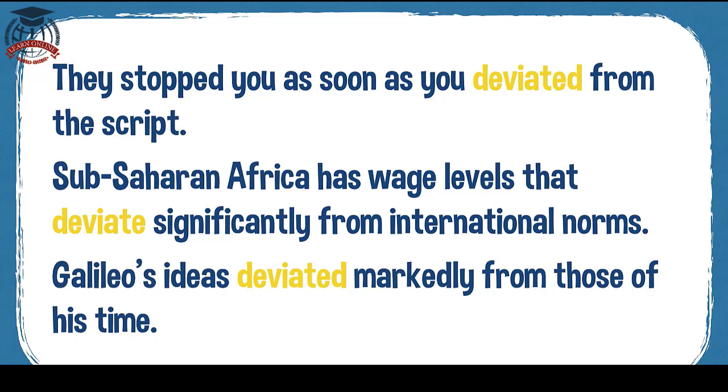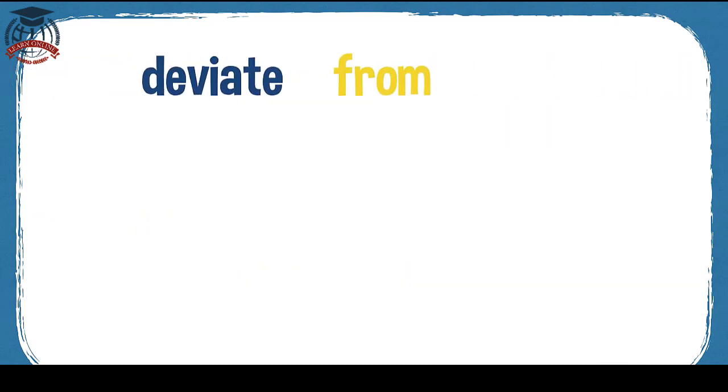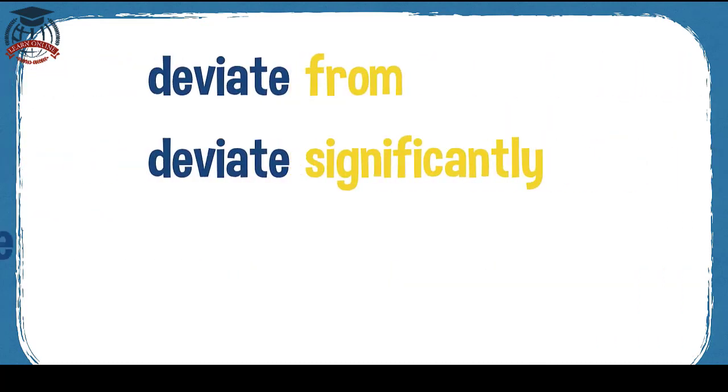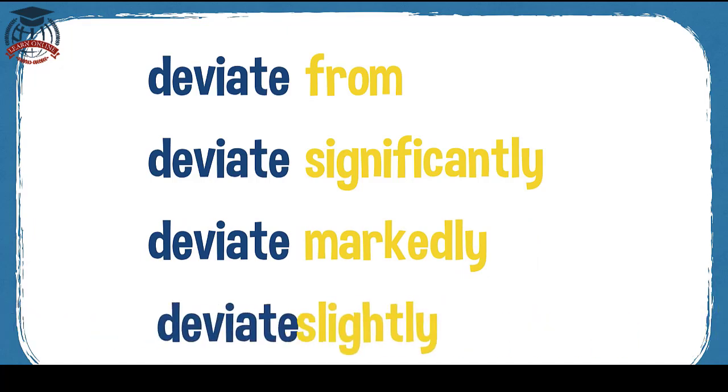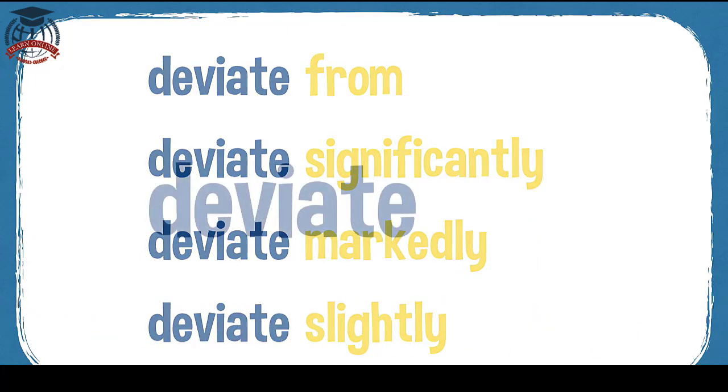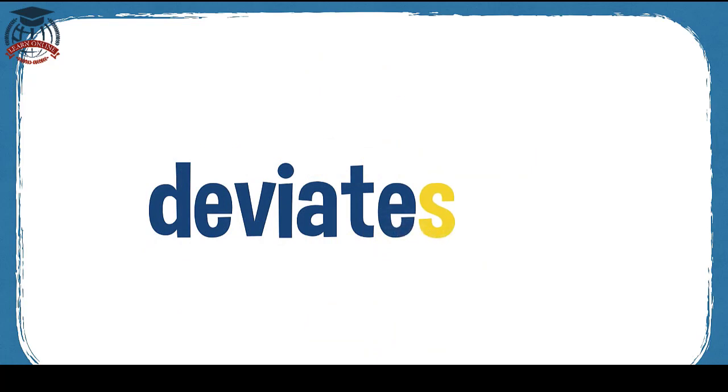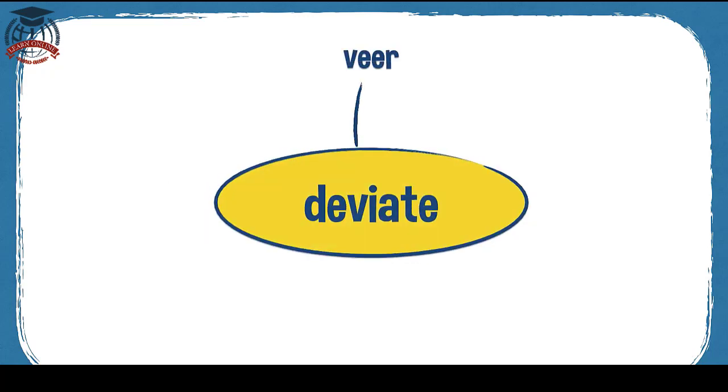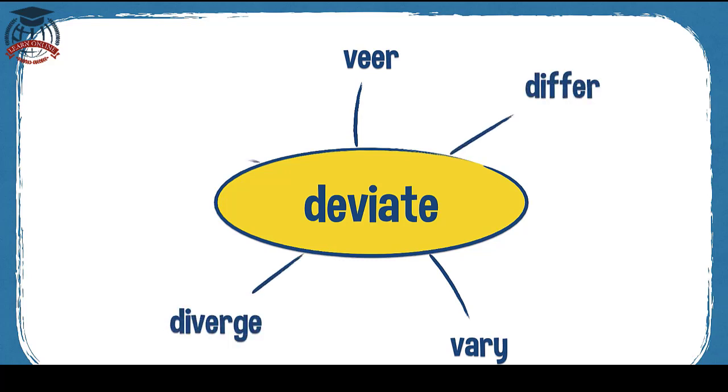Galileo's ideas deviated markedly from those of his time. So you deviate from things, you can deviate significantly and markedly, or slightly. And it's a verb as well, so deviates, deviating, deviated. And the noun is deviation. And some synonyms: veer, vary, differ, diverge, depart.